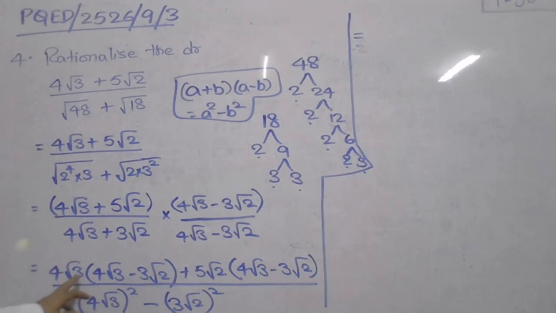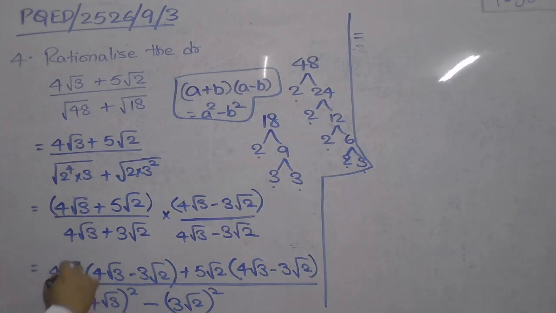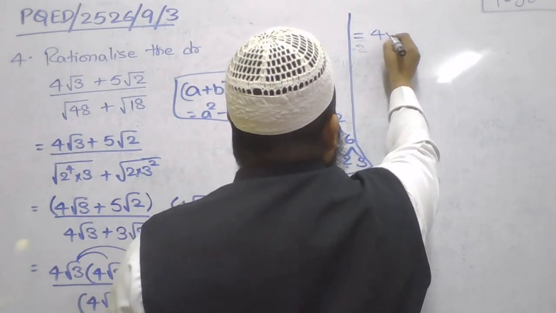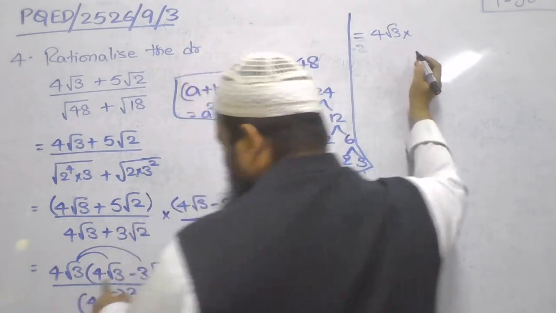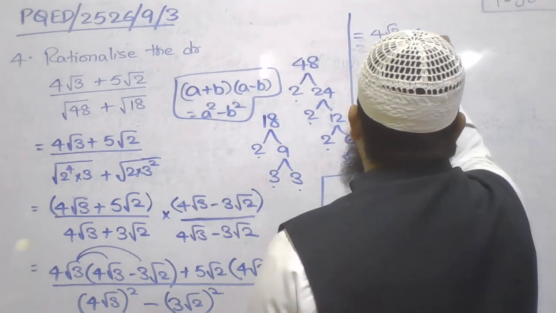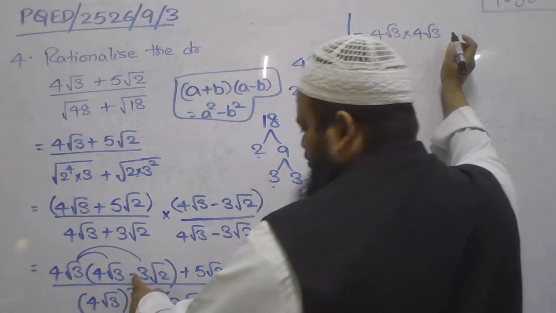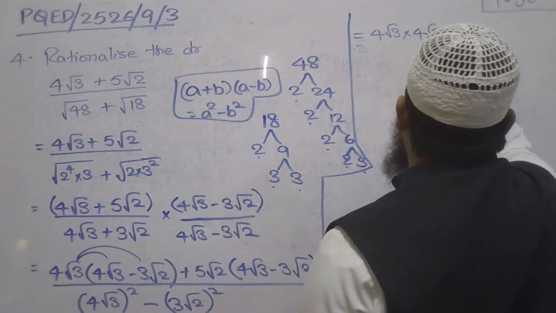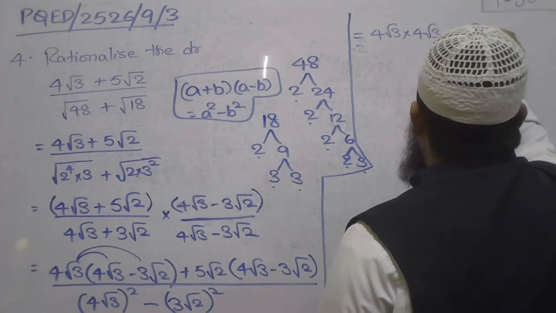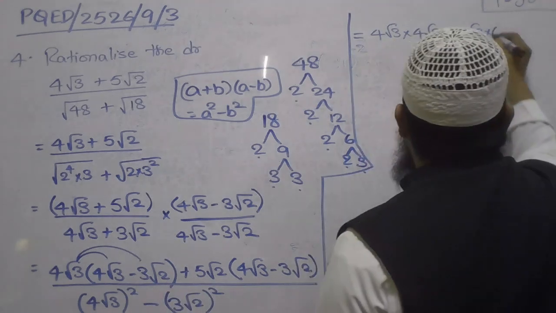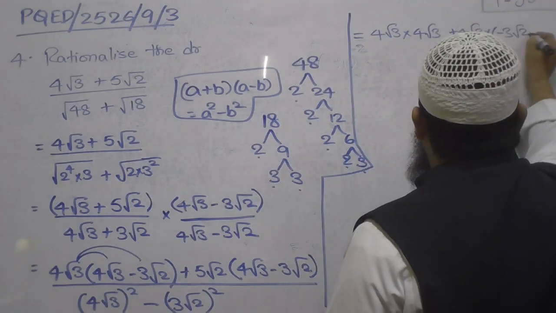That equals now 4 root 3. Now you have to distribute 4 root 3 to both the terms. So 4 root 3 times 4 root 3, now plus 4 root 3 times minus 3 root 2.